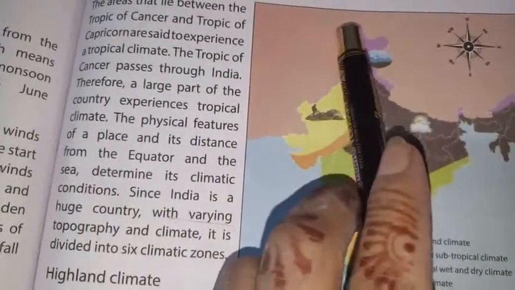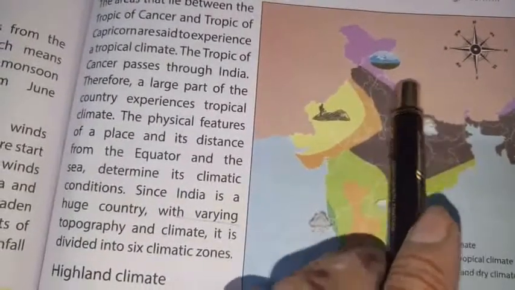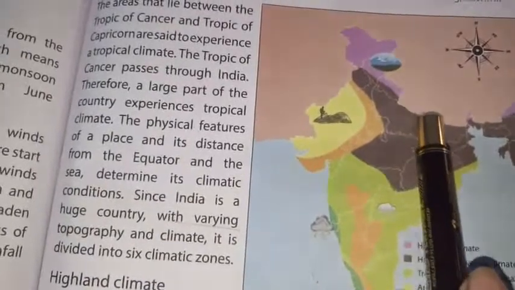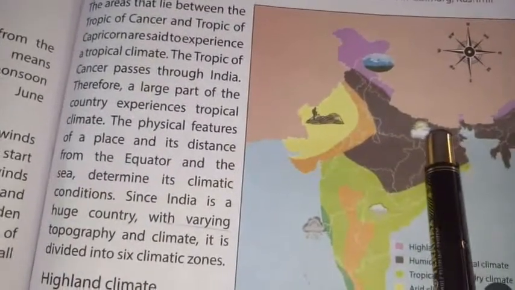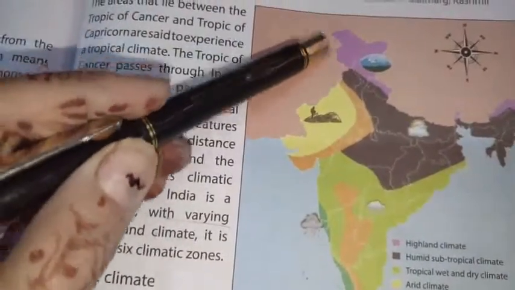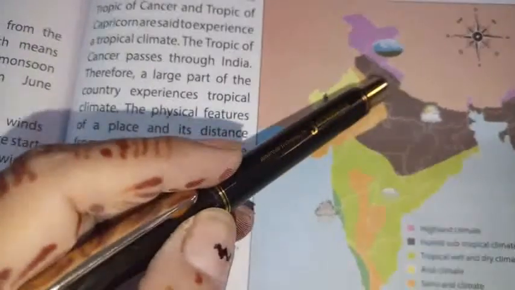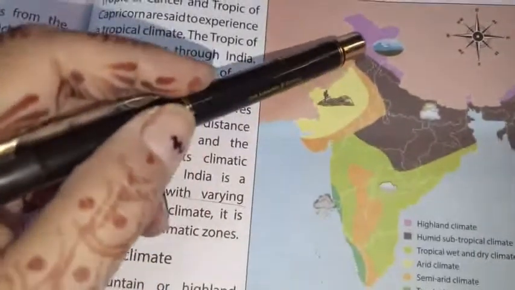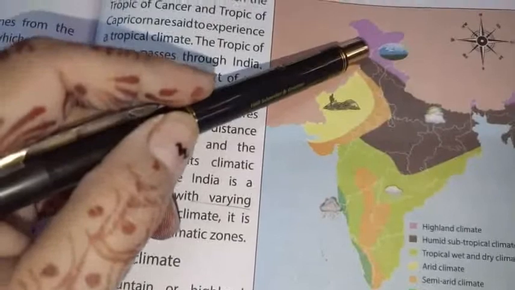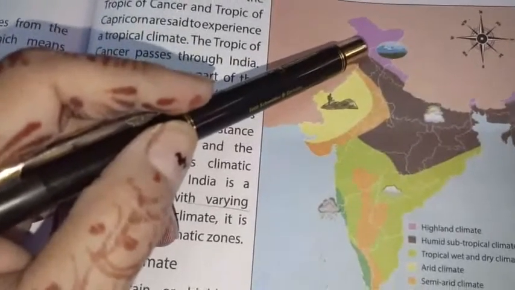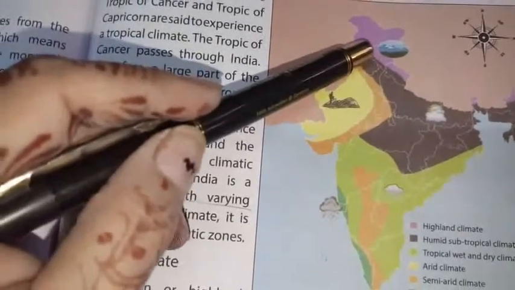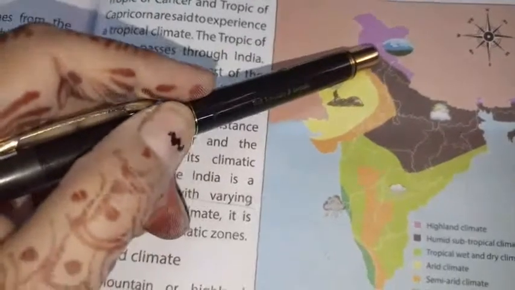See, Himalaya is situated on the border of northern India. Ladakh, Jammu and Kashmir, Himachal Pradesh, Uttarakhand, Sikkim, Arunachal Pradesh experienced this kind of climate. Which kind of climate? Highland climate.